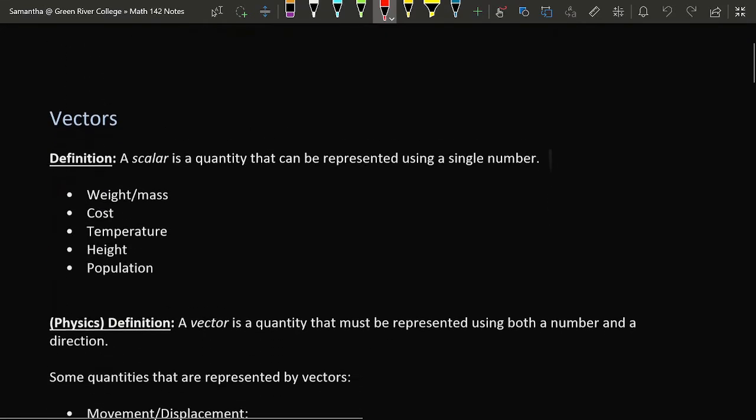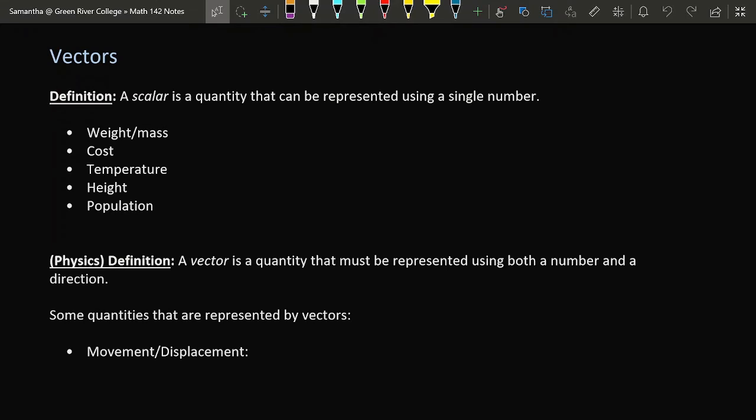Now before I define a vector, for contrast I want to define what's called a scalar. And a scalar is just a single number, a quantity that can be represented by a single real value. Some common examples would be the weight or the mass of an object.